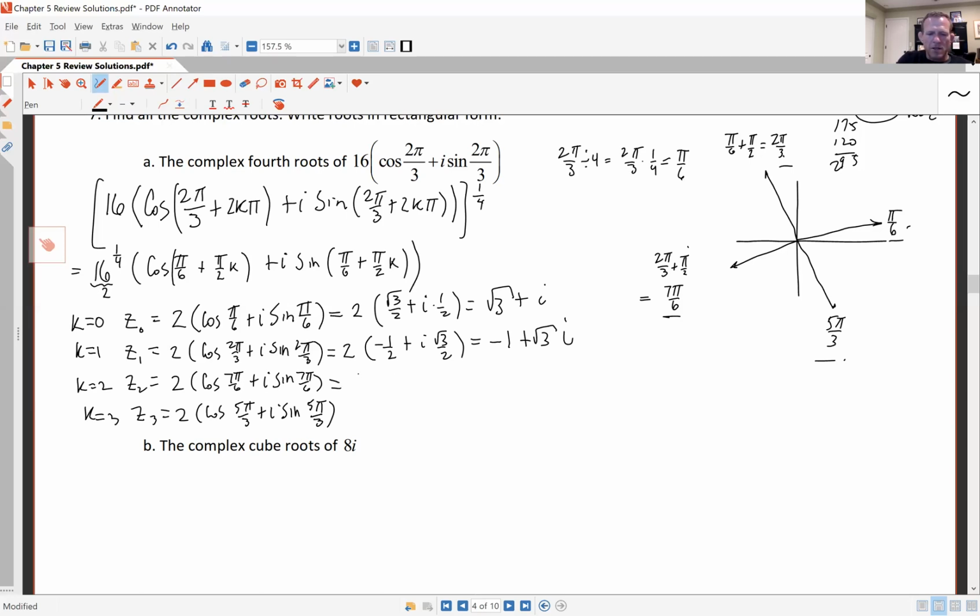And then cosine of 30 degrees in quadrant 3 is negative root 3 over 2. Sine of 30 degrees in quadrant 3 is minus 1/2. So we get negative root 3 minus i.